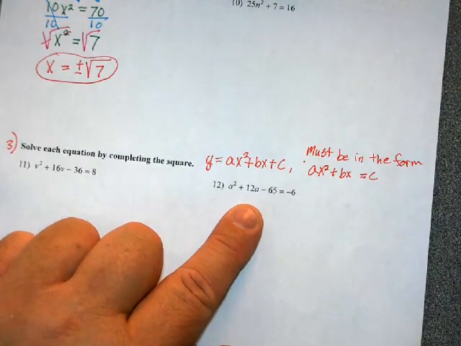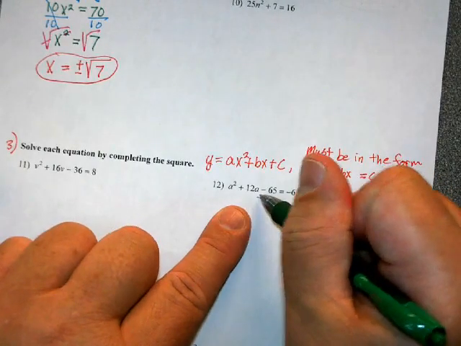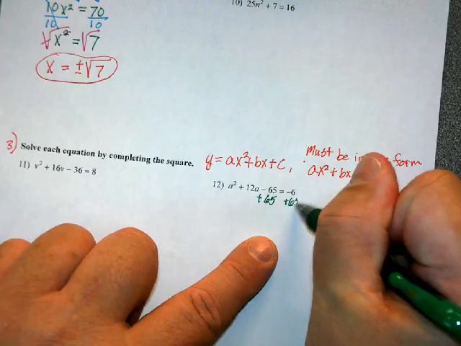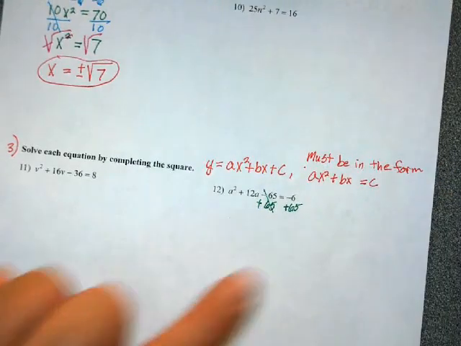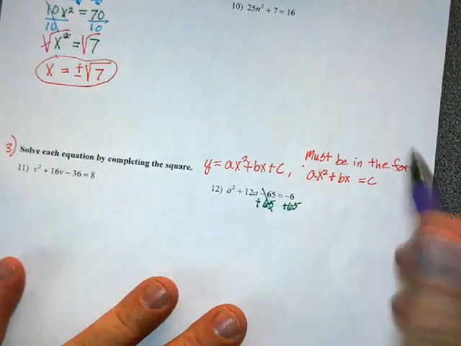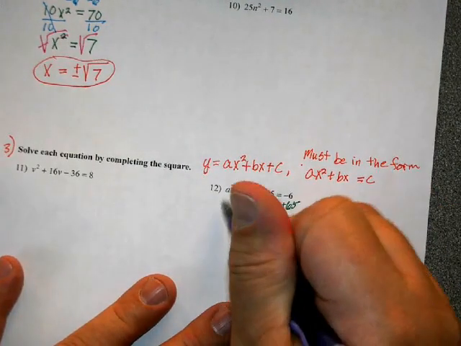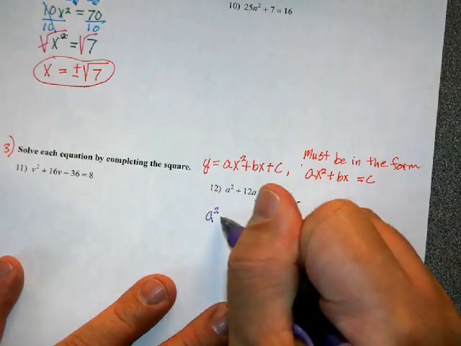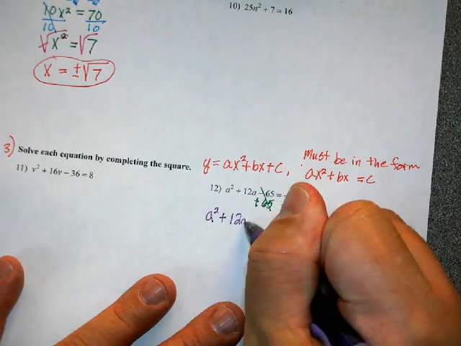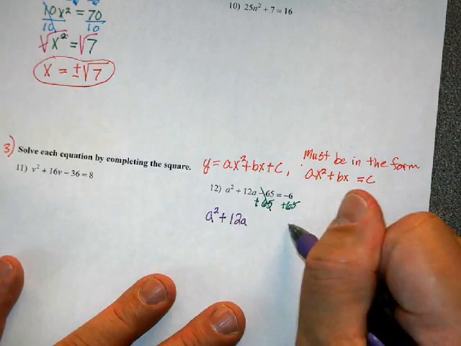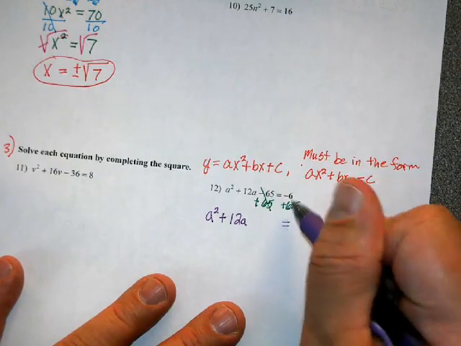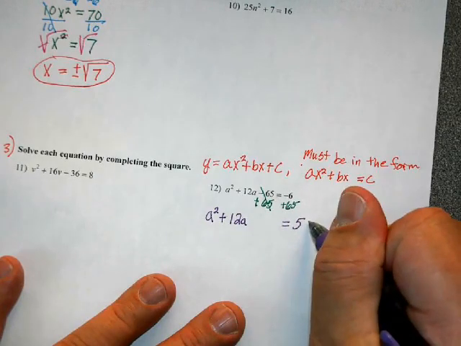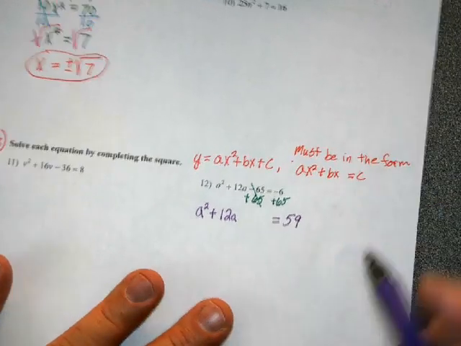To both sides. So here's my form in the ax squared plus bx. So I have a squared plus 12a, and then that equals negative 6 plus 65 is going to be 59. Then I have to add a perfect square.